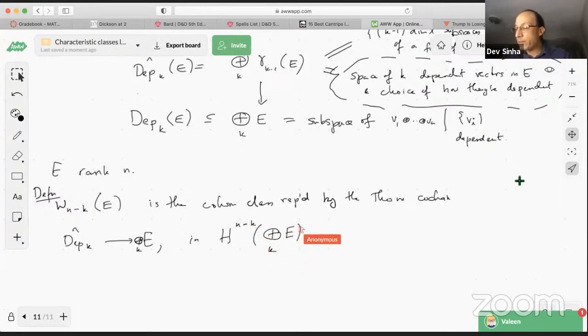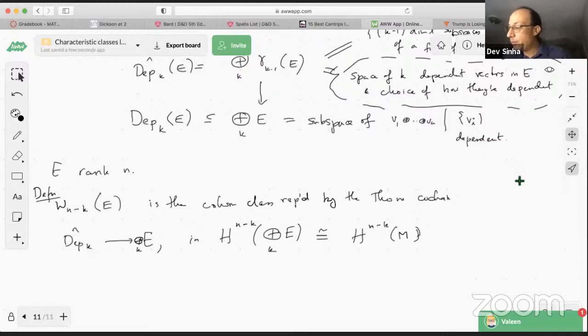Of course, this direct sum is a bundle, a vector bundle over M, and any vector bundle is homotopy equivalent to its base. So we can identify that with the cohomology of M, and everything is mod 2 coefficients.